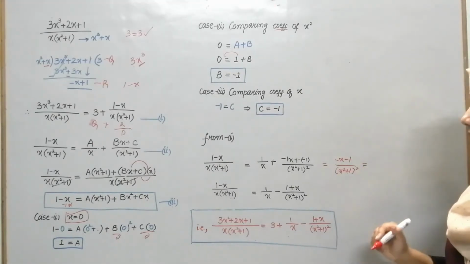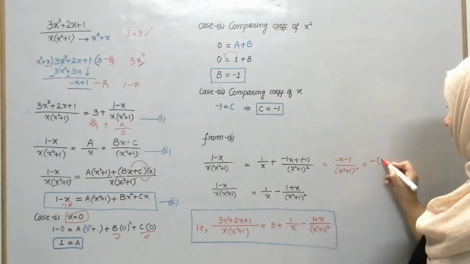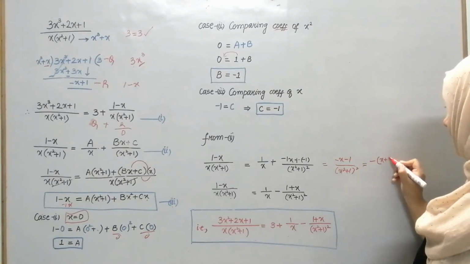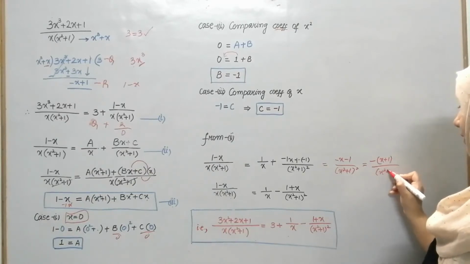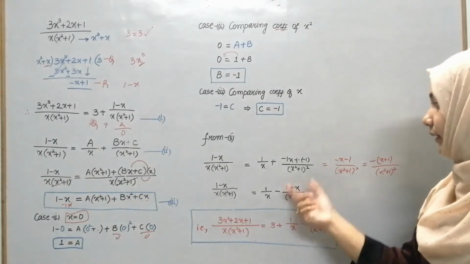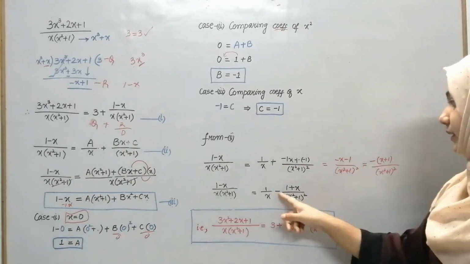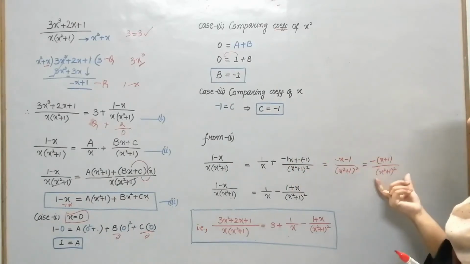Can I take minus common here? Yes, I am taking minus common. So I will be left with x plus 1, by x square plus 1 whole square. So this term I am writing here down. Plus into minus is minus. Forget about this, these are the intermediate steps. The final is here.